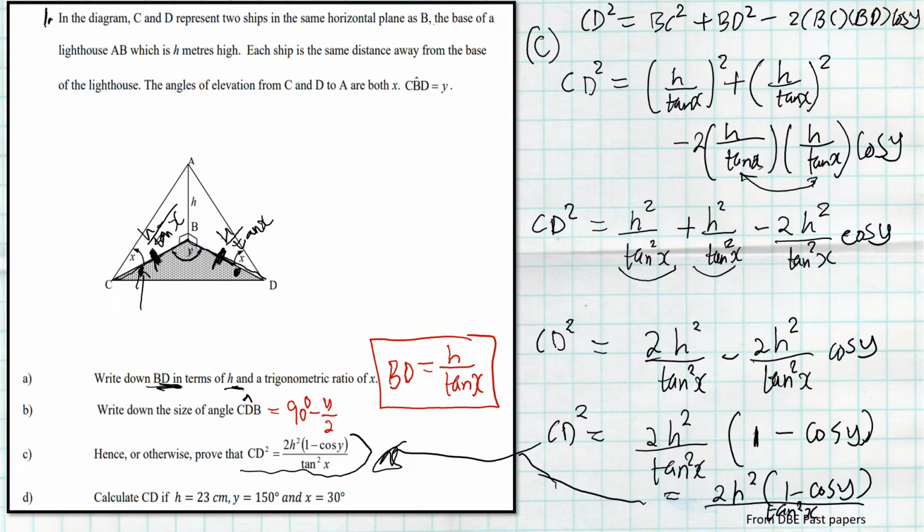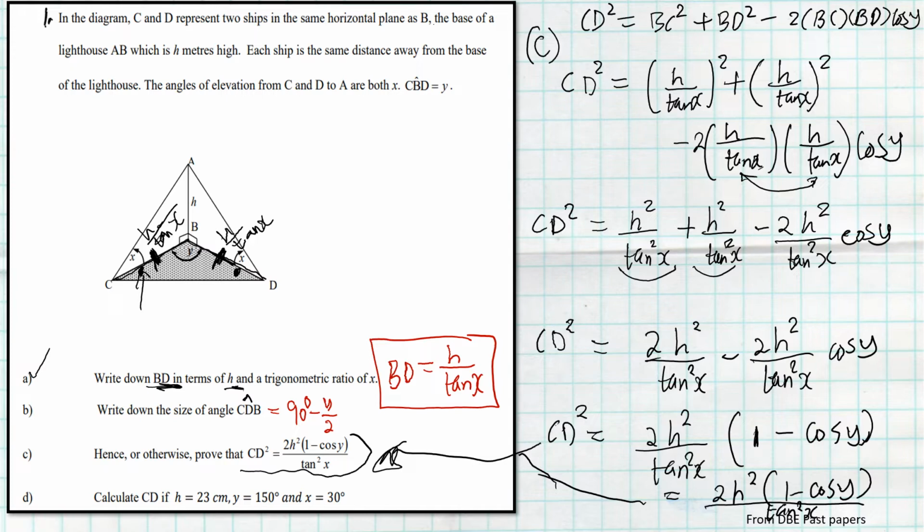And you can see that we basically used the cosine rule. They won't tell you that when they give you these two-dimension diagrams. They will just ask you to calculate. Also, from part A, we had to use our knowledge of trig ratios on a right angle to find BD.